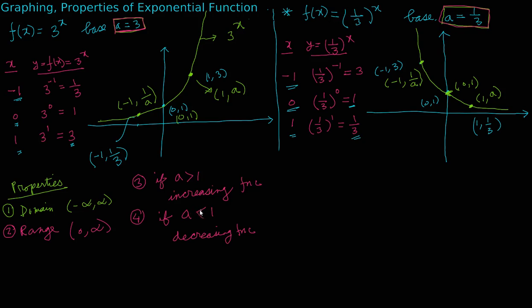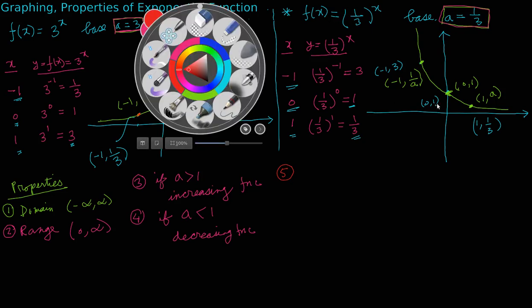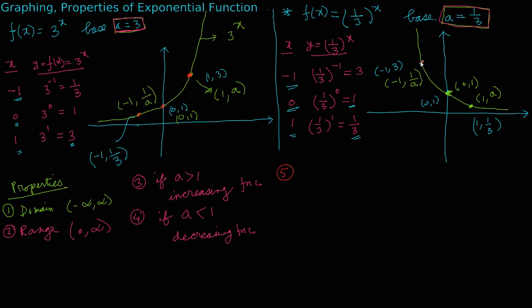So now let us see another very important, so number 5. So I'm going to use another color for that. So number 5 is the most important property. If you notice, any exponential function is going to pass through these 3 points. And what are these 3 points? -1, 1 over a, 0, 1, and 1, a.